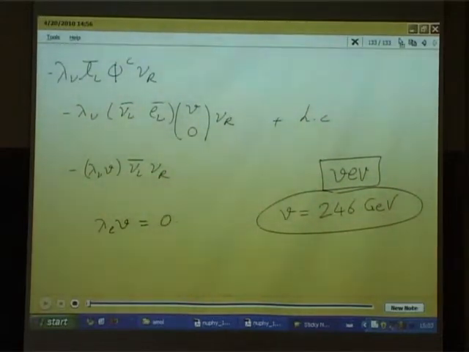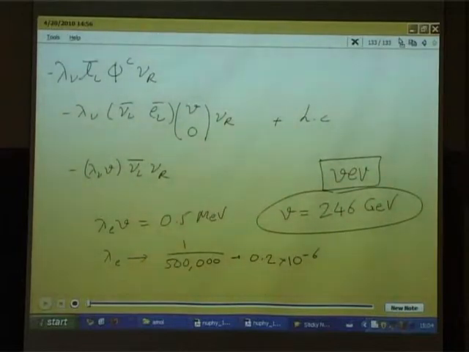So what is lambda E? 1 by 500, 1 by 1000, something like this. So this is 0.2 times 10 to the minus 6. Small quantity. Lambda is small.